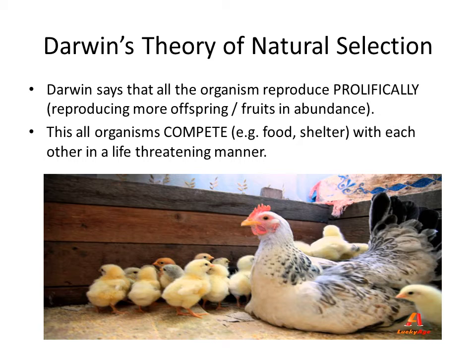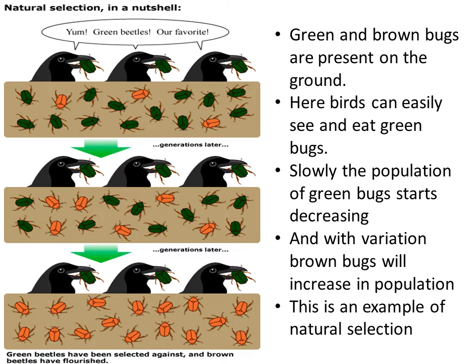These organisms compete with each other in a life-threatening manner. Those organisms which reproduce in abundance compete with each other, for example, for food and shelter.